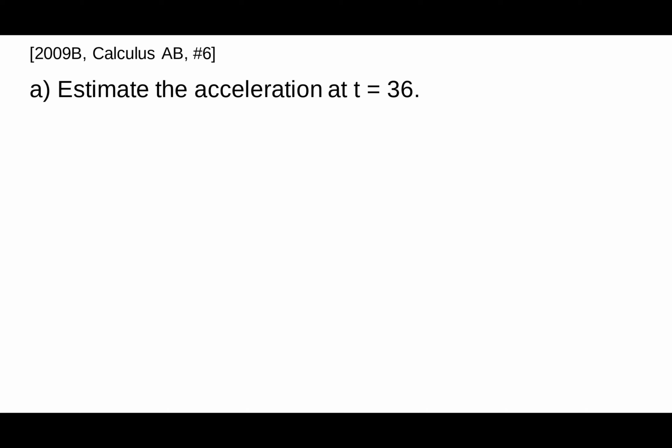I know there's many values in the table that you could use, or combinations of those values, to estimate the acceleration at time t equals 36, but the expectation is that you use the two closest. In this case, that would be t equals 32 and t equals 40.